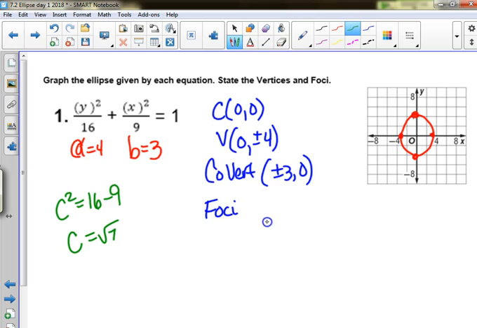And you don't have to write it out twice. But tell me, what am I adding it onto? I'm adding it onto the center. In which direction? Up and down. So the answer is 0, 0 plus or minus square root of 7 because it went up and down.